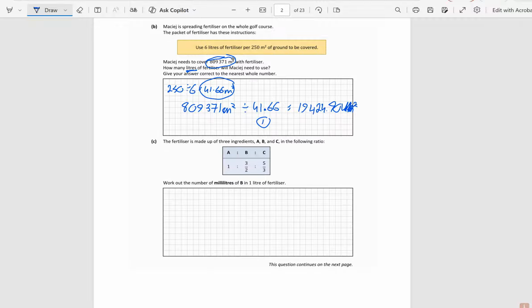Okay, so that's how many litres I need, and they want me to the nearest whole number, so 19,424 litres. All right.